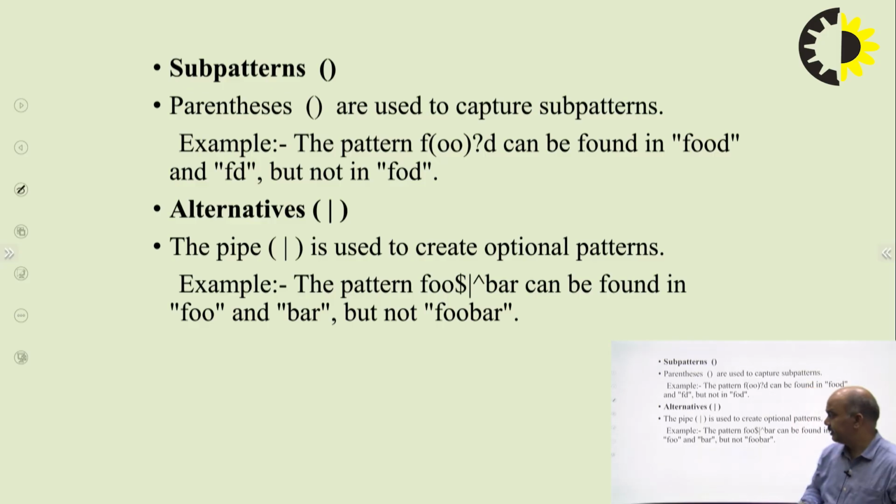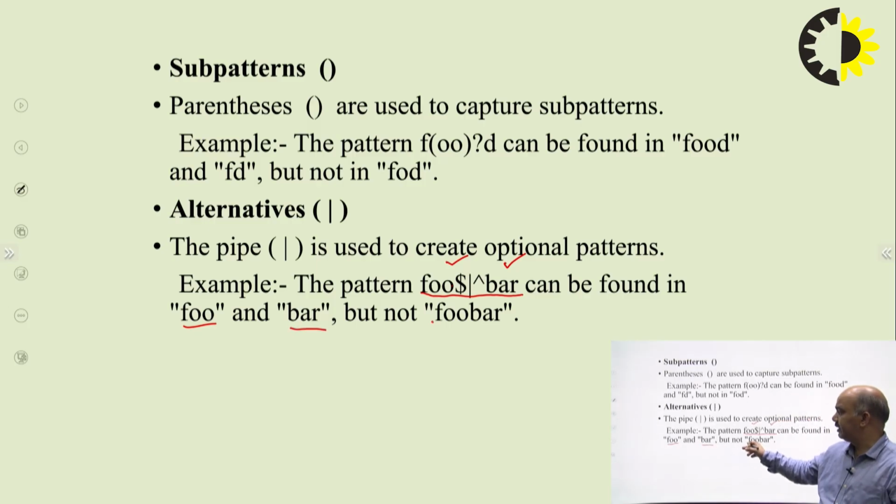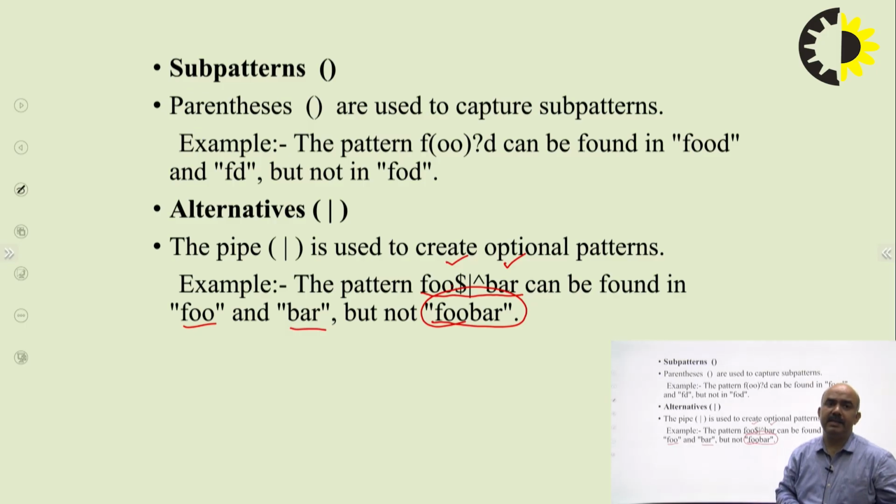Here we take the example fo$|bar, which can be found in fo, yes, either this or this, and also in this. But if we combine these two words, foobar, then that is not available in this case, so it will not be accepted. It means either it ends with this or starts with this.